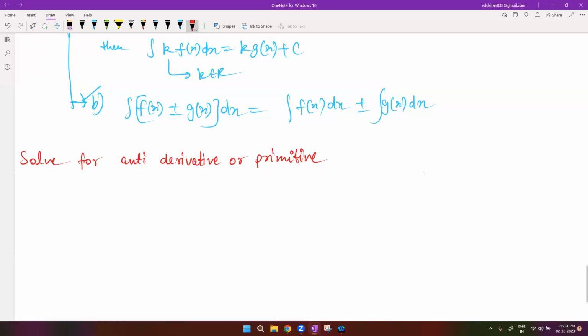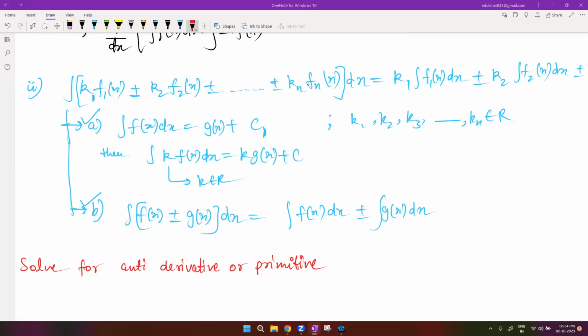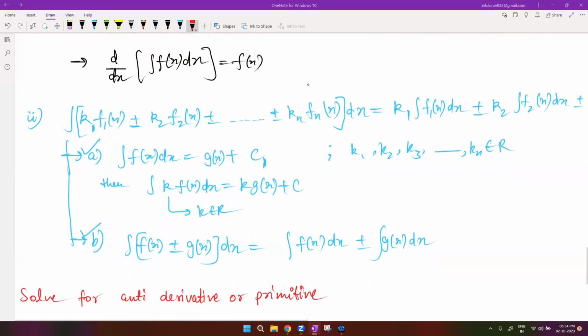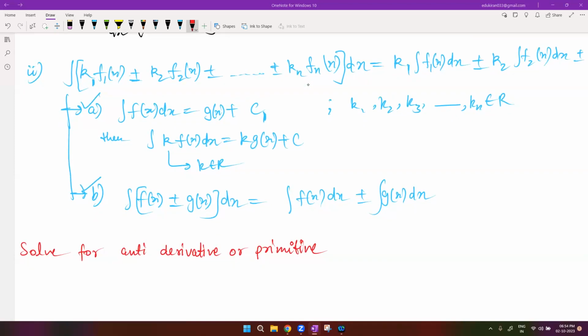To solve for antiderivative or primitive, or simply it could have been written like integrate the following. Okay. Cool.